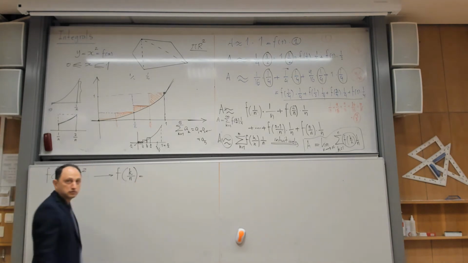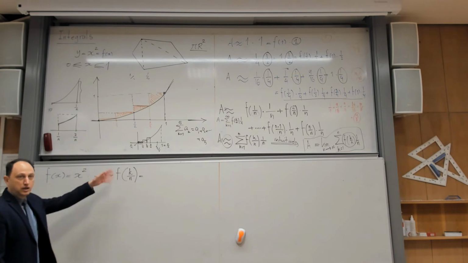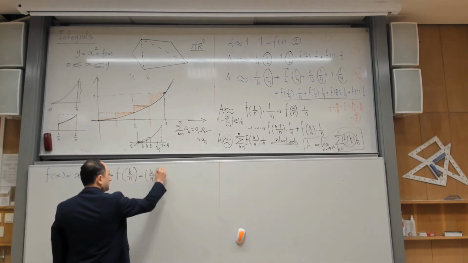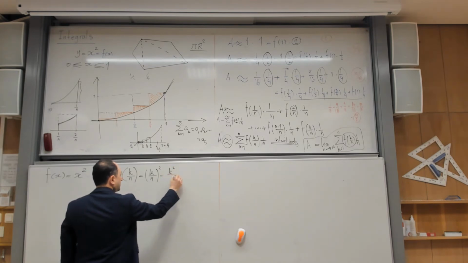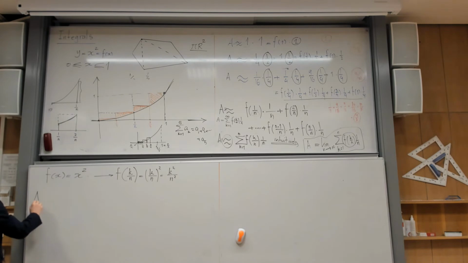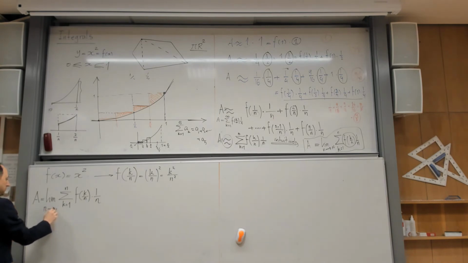What is f of k over n? K squared over n squared. So I replace x with k over n, so this becomes k over n squared, but it's better to write it as k squared over n squared. So let me start. A is the limit of sigma k goes from 1 to n, f of k over n times 1 over n, and n goes to infinity.